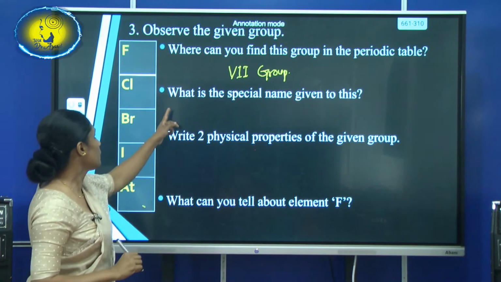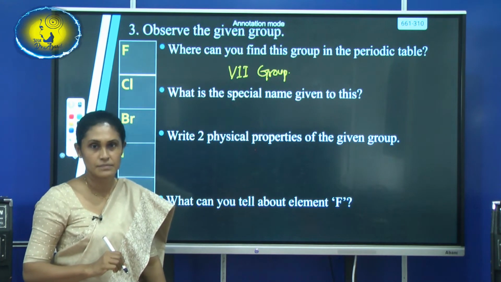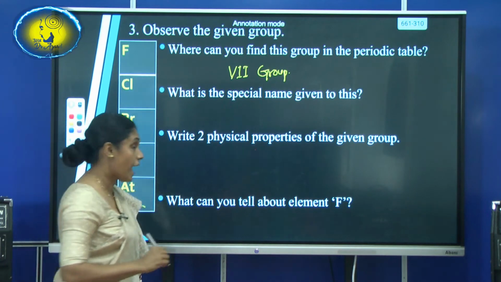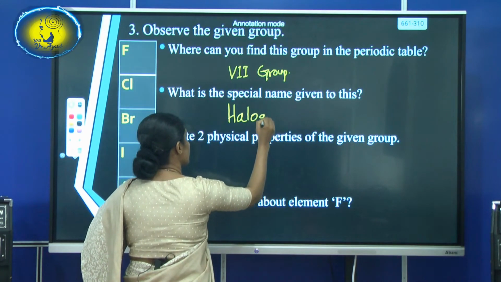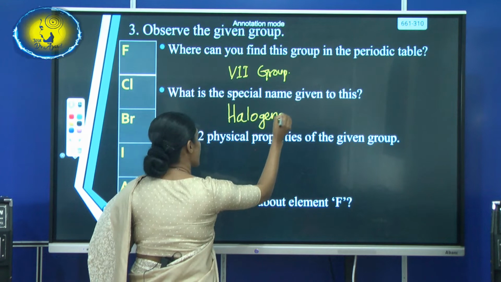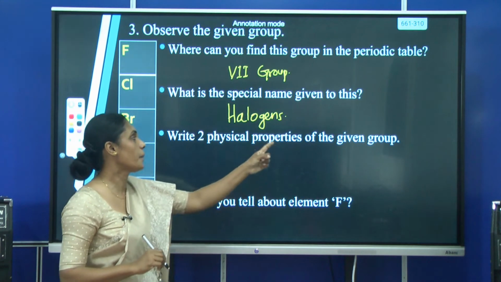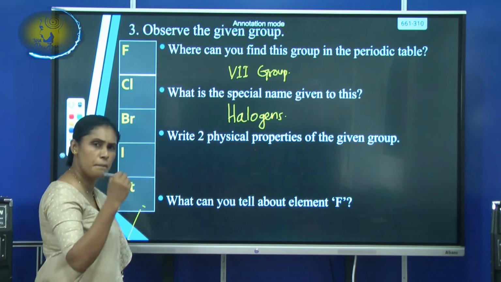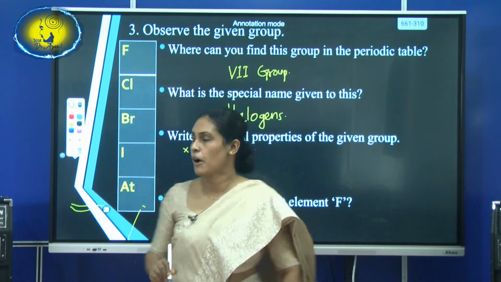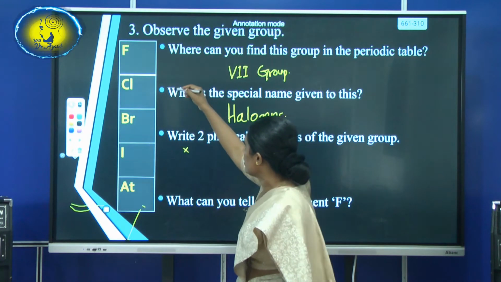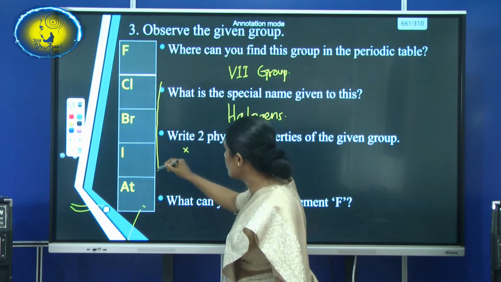Right? Number 2, what is the special name given to this? Halogens. Write 2 physical properties of the given group. There are many physical properties. Let's write 2. What can you tell about when you are coming top to bottom? Top to bottom of the group, what do you recognize?